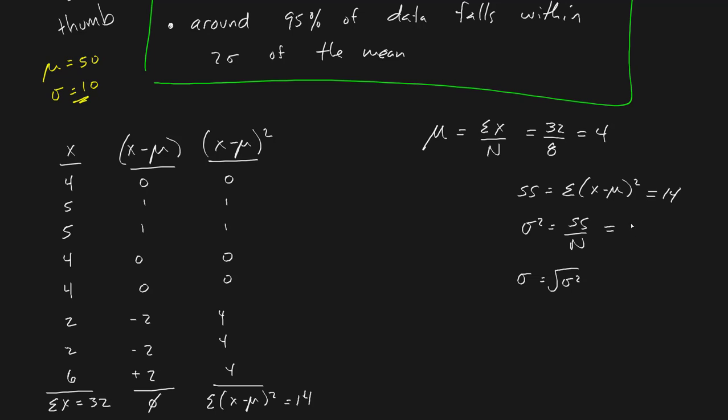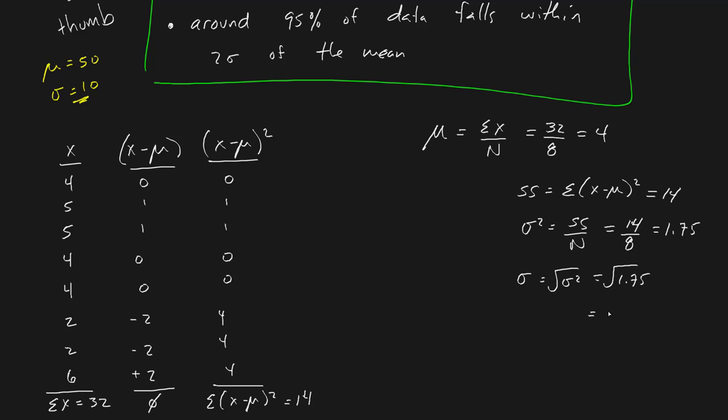So now I can work out the variance. The variance is going to be 14 over n. I know that n is equal to 8. And this comes out to be 1.75. So I've got my variance. Now I just need to take the root of 1.75.